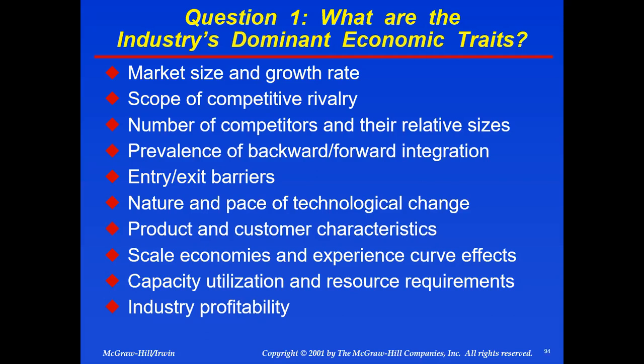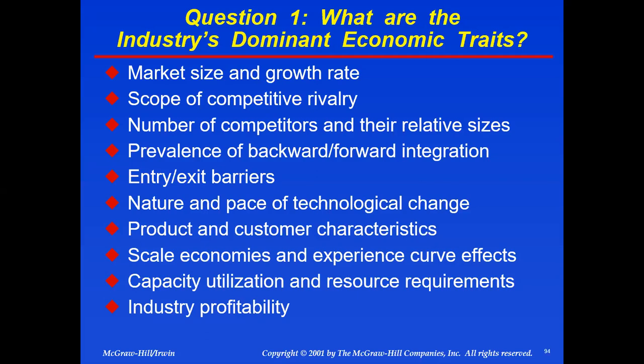And we'll be talking about further detail of these factors in the next coming slides. The next thing as a dominant economic trait is the nature and pace of technological change. We also need to see the product and customer characteristics, sort out the scale economies and experience curve effects, and focus upon capacity utilization and resource requirements for the industry as a whole.